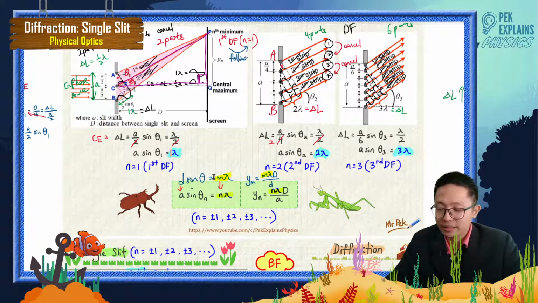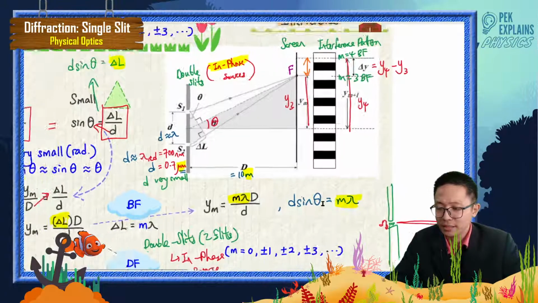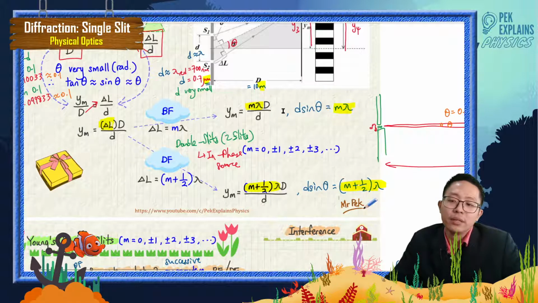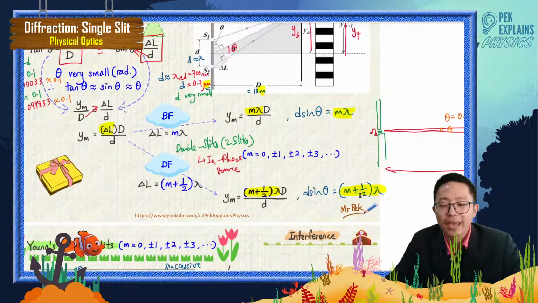Remember, I relate A sin theta and the y_n. That's why I explained the double slit to you. For the double slit, if d sin theta uses m lambda, the y also uses m lambda. If d sin theta uses m plus half lambda, the y also uses m plus half lambda.